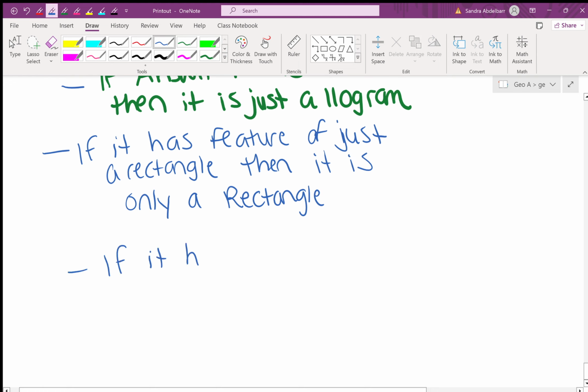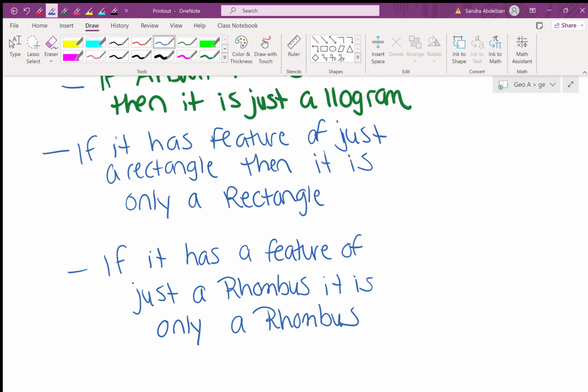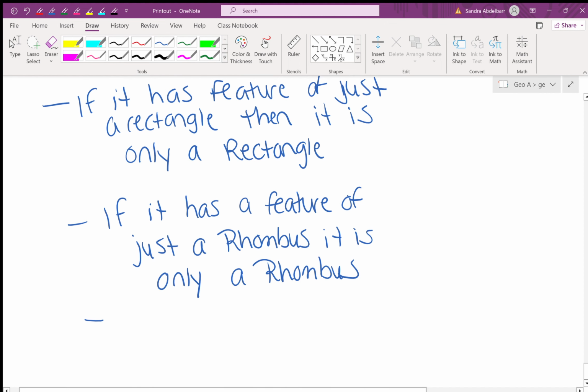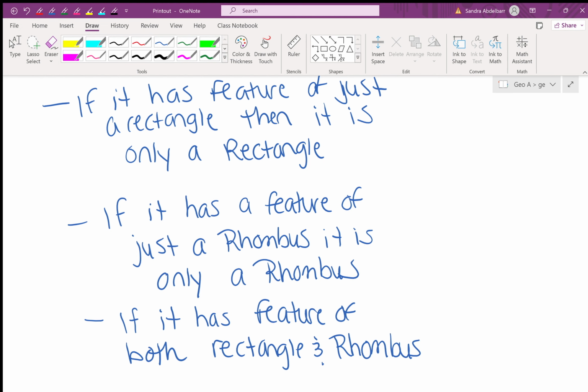If it has a feature of just a rhombus, it is only a rhombus. But what if it has both? If it has a feature of both rectangle and rhombus, what does that make it? It will be a square.